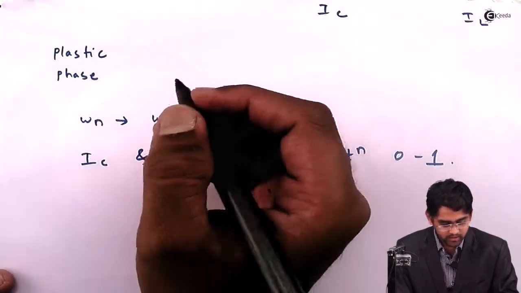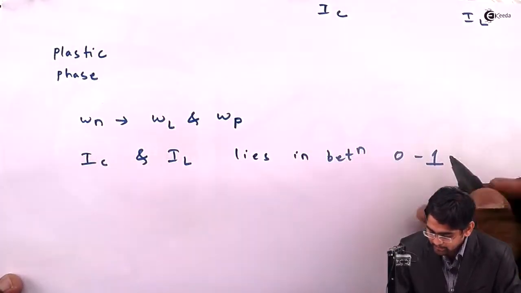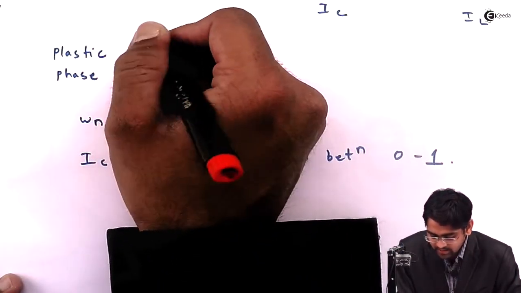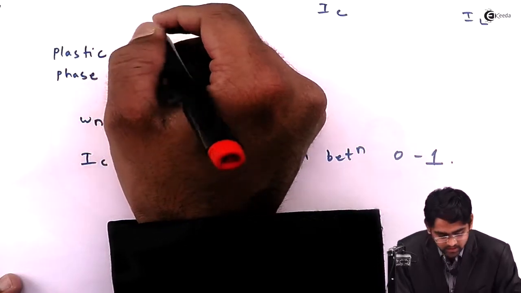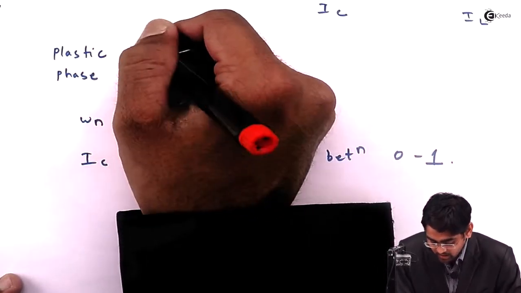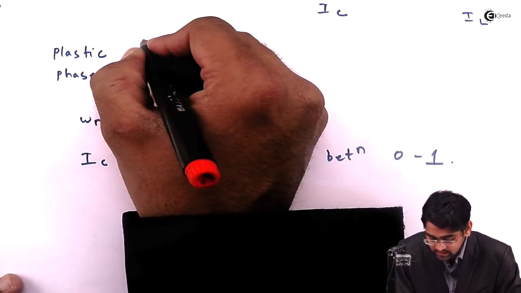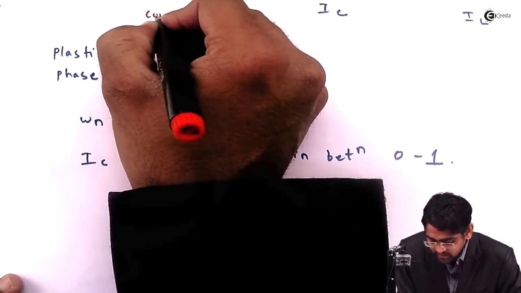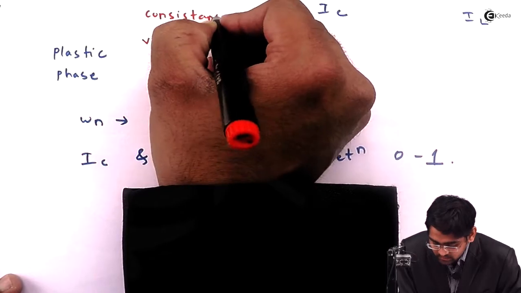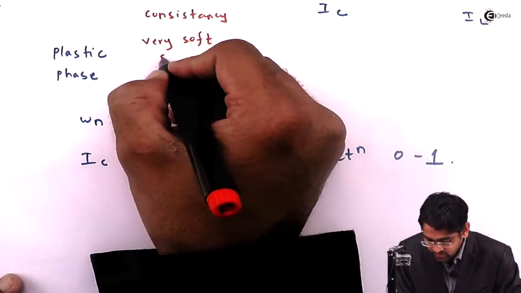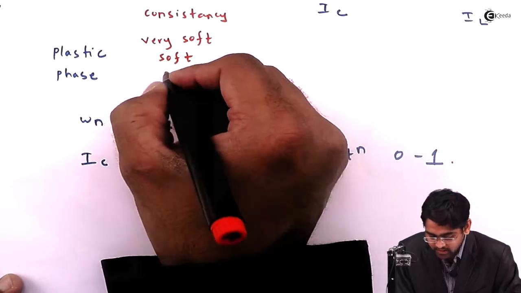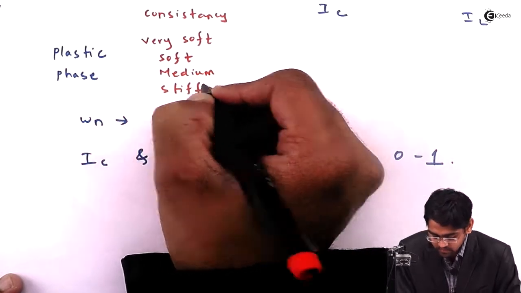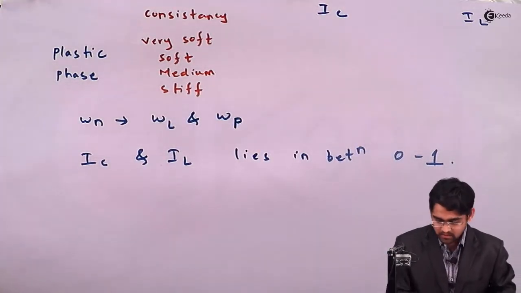So depending on this value of liquidity index and also the consistency index, we have 4 different phases, namely very soft, soft, medium, and stiff consistency.